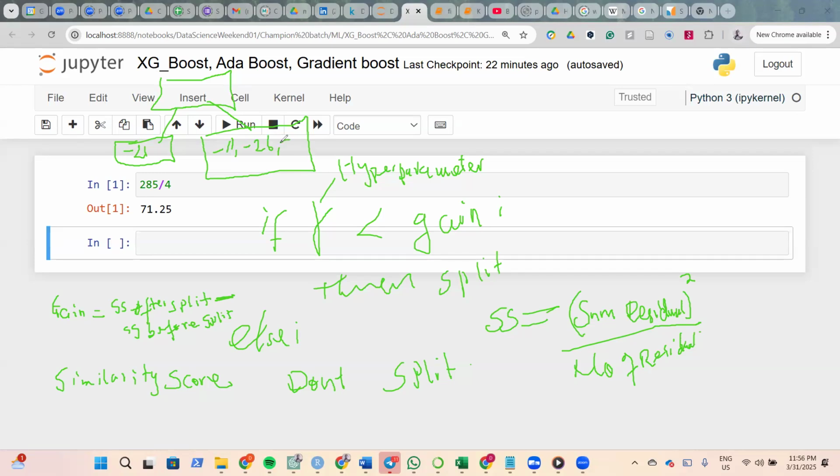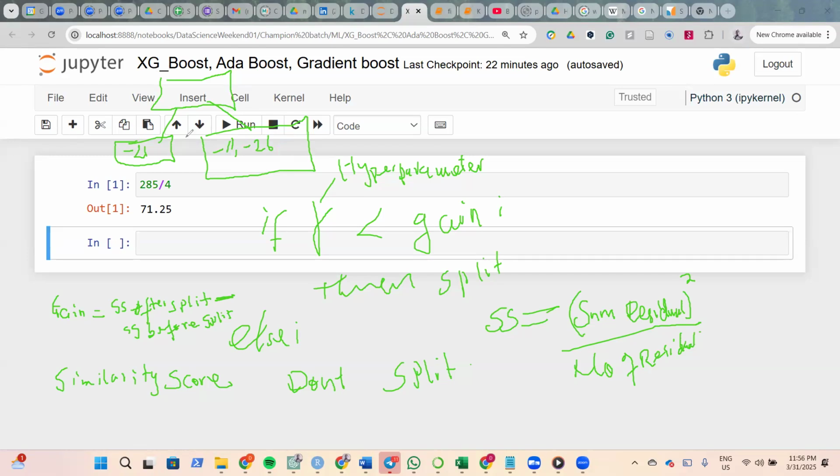Minus 21. There was another figure this way. Anyways, it's fine, let's just assume that there are two values this way.